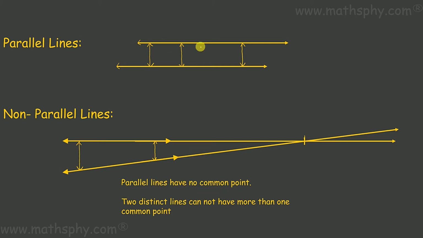These two parallel lines can extend into both the directions infinitely, but they will never cut each other. It means they will never have any common point. But two distinct lines cannot have more than one common point. These two lines, they are non-parallel lines, but they will never have more than one common point. They will intersect at only one point.